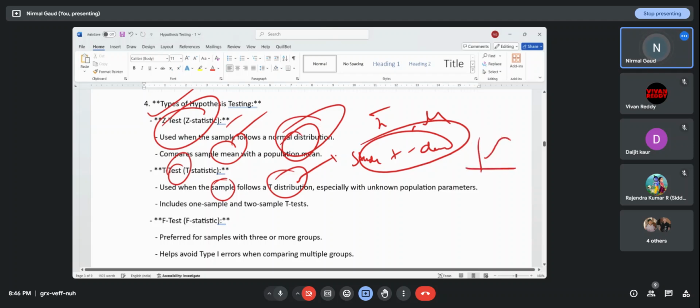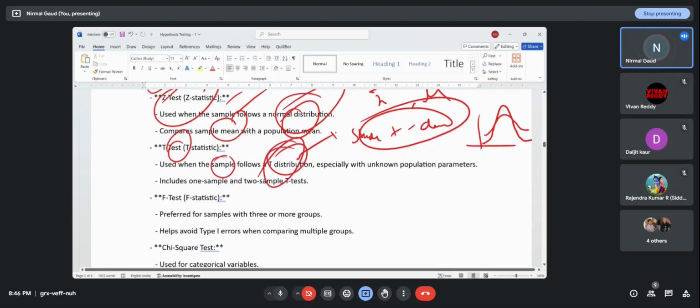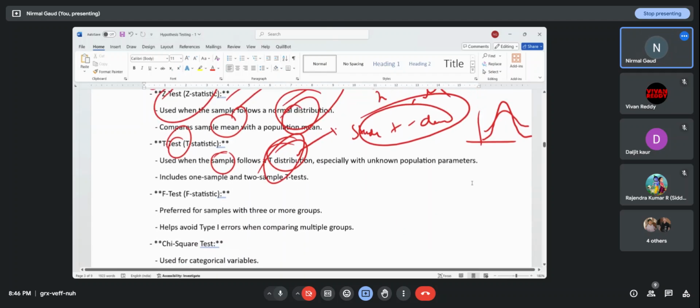It looks something like this, student t. Okay, and the normal distribution looks like this. This is the normal distribution. So with a small sample, you apply the t distribution only. Okay, fine. So in this particular case, the t statistic is used.